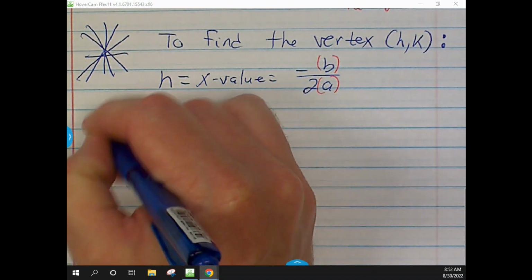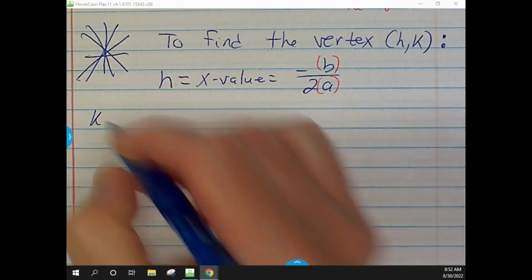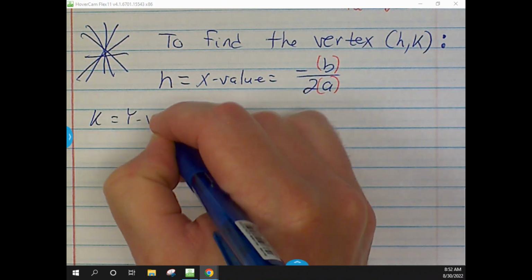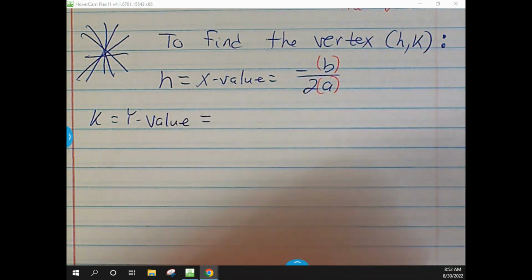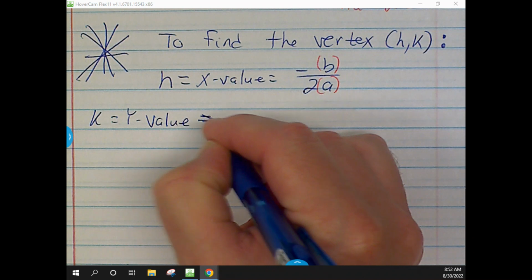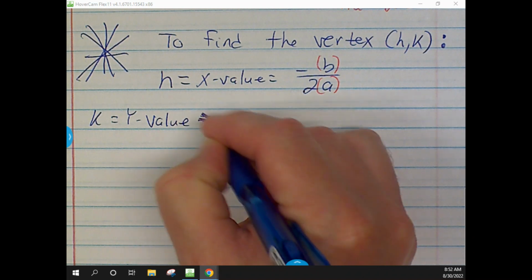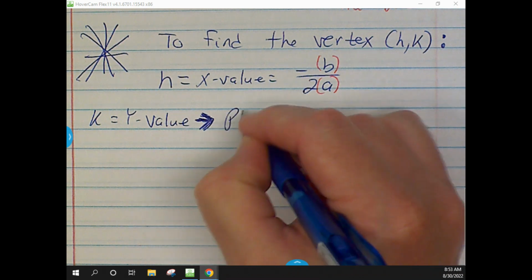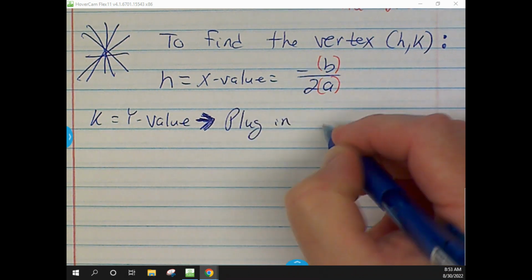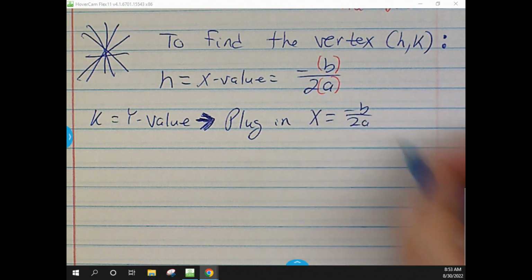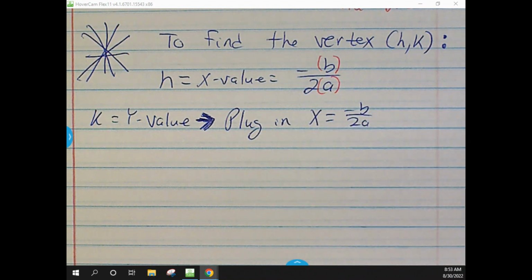All right, the k value is a little bit more work, because there's not just one easy little thing here. You're going to plug in x equals negative b over 2a. So this is basically substitution.